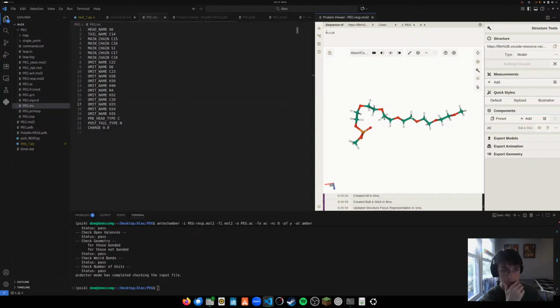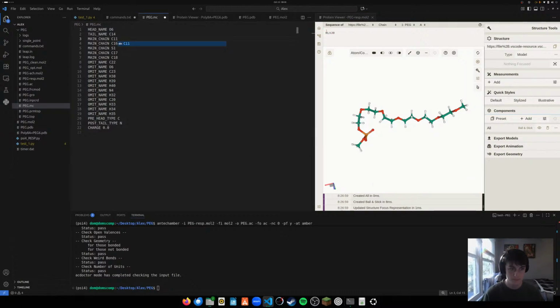So the main chain is all along here. So C11, C10, O5, C9, C8. Now I'm wondering if I have to do all of that. That might just be enough, we'll see.